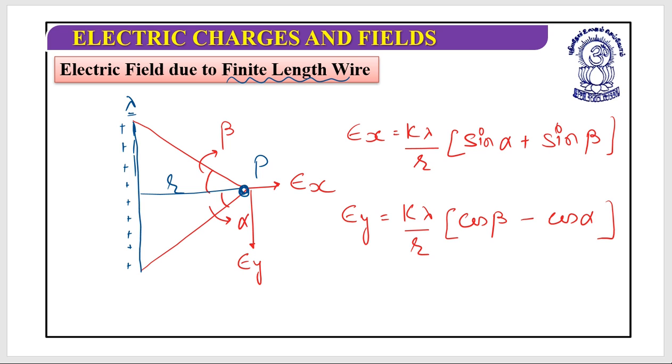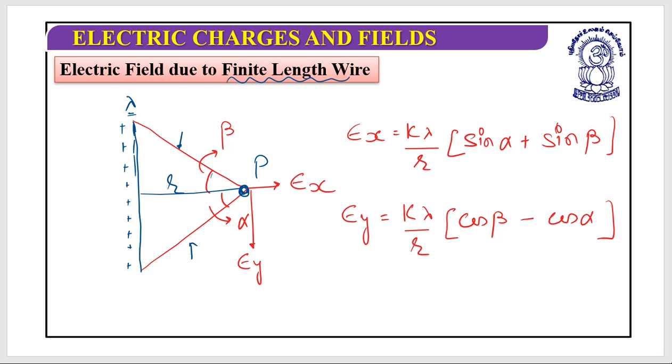On the first I did this, on the second I did this. Now give names to the angles on those lines: I have named one beta and the other alpha. Now you need to calculate two electric fields, one is Ex, another is Ey. Ex would be equal to k lambda by r into bracket sin alpha plus sin beta, while Ey is k lambda by r into bracket cos beta minus cos alpha. This would be the situation.